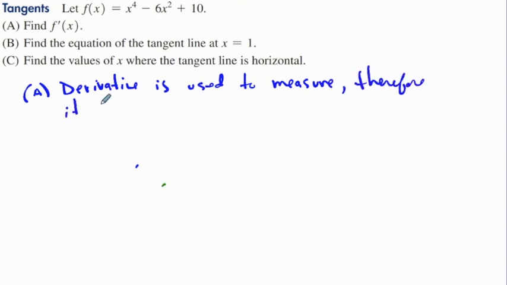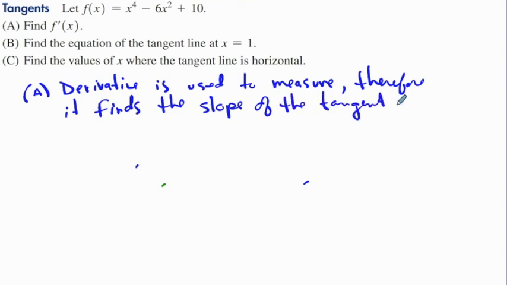Therefore, it finds the slope of the tangent line. So first is the derivative. F prime of x is equal to 4x cubed minus 12x plus 0.